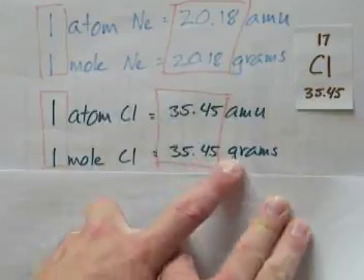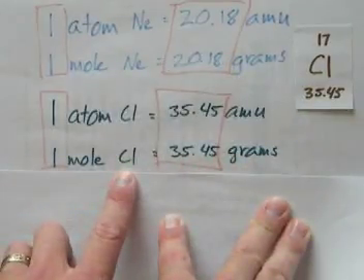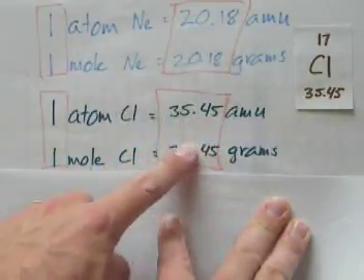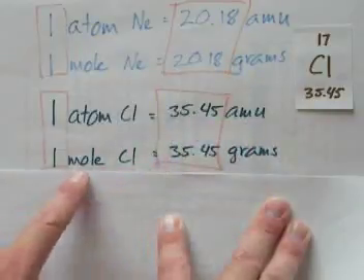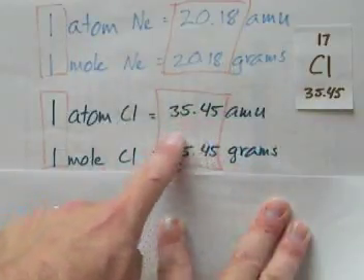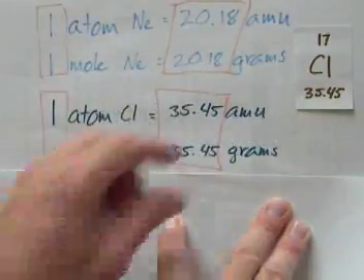If I have 35.45 grams of chlorine, that is 1 mole of chlorine atoms. Again, same numerical value, different relationship. Atoms to AMU, mole to grams. But this is the number that you see on the periodic table. Both of these numbers come from the periodic table.